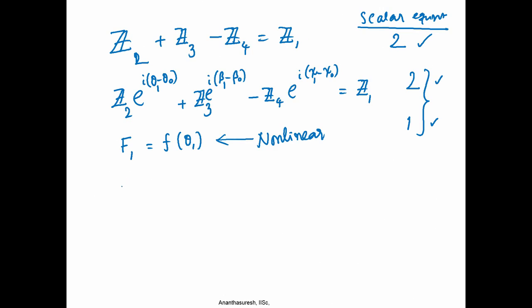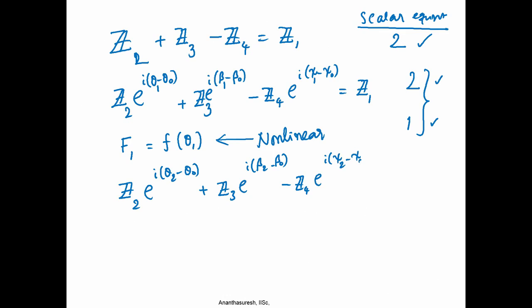But now let us say I go to the next position, Z2 e raised to i (theta 2 minus theta 0) and Z3 e raised to i (beta 2 minus beta 0) minus Z4 e raised to i (psi 2 minus psi 0), that will still be equal to Z1.